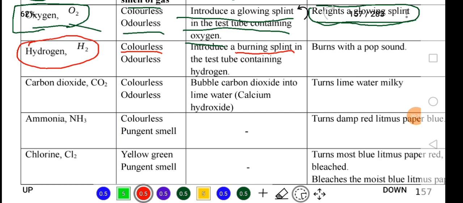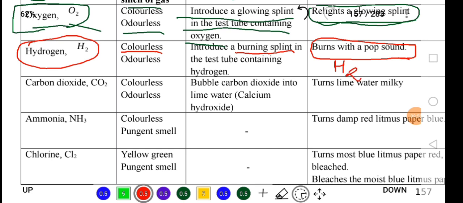Because if hydrogen is there, we are going to hear the pop sound. Now, we cannot get the pop sound if we are just having a glowing splint which is not producing a flame. We are interested in a flame, and that flame is going to be put out with a pop sound. And that is an indication that at that point we have formed water.